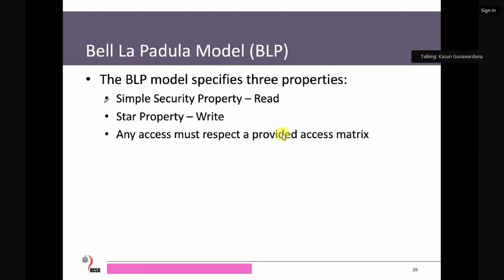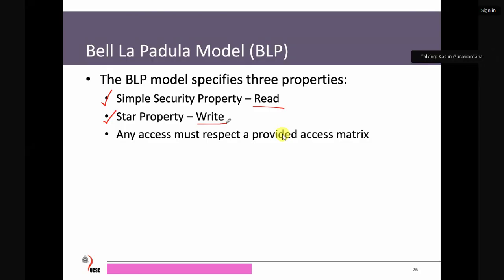It is about read operations in an environment where mandatory access control is being enforced, how read operations are governed. The second property is called the star property. It is about write operations: in an environment where mandatory access control is enforced, how write operations should be performed.